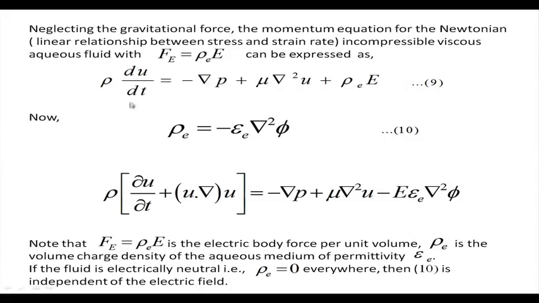Now, I wrote the material derivative in this form, rho del u del t plus this term here. P we have denoted as the pressure. This is due to the viscous drag or viscous frictional force. This is the term which corresponds to the charge density whatever is present.